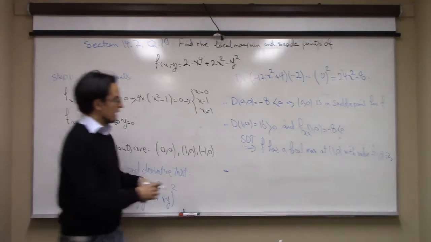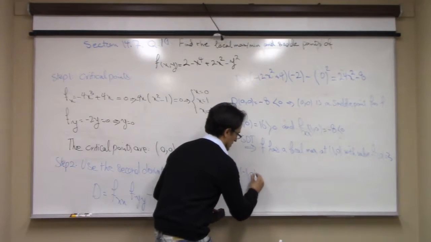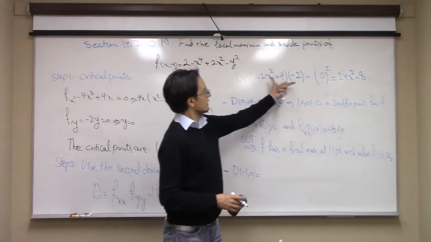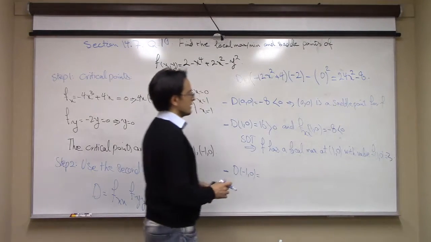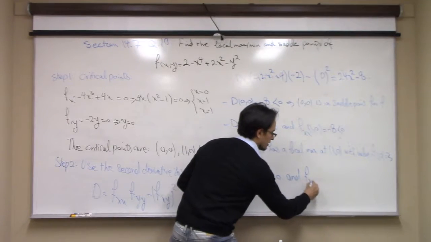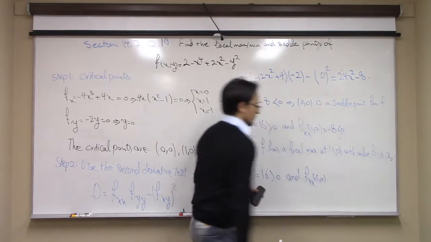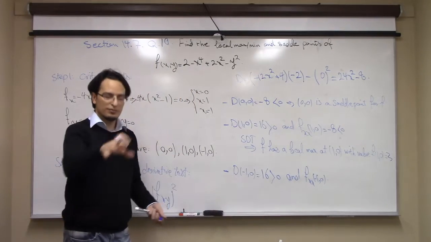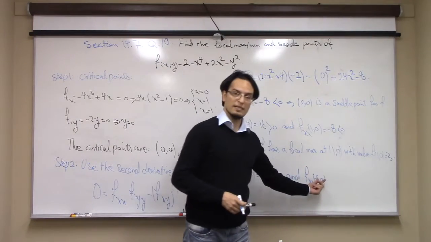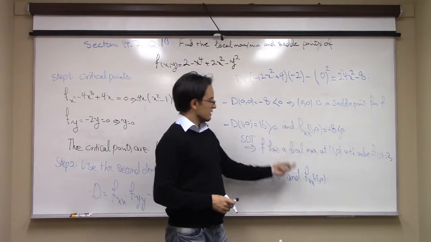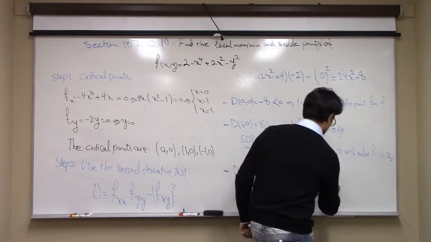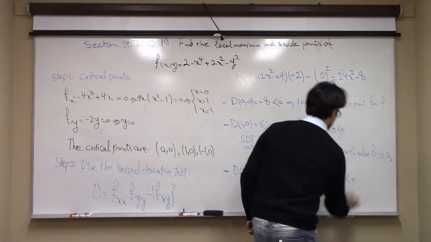So that's the second point. And the third point, plug in negative 1 for x, 0 for y in D. So I get 24 minus 8, which is 16. It is positive. Again, the second part of the second derivative test means that you plug (negative 1, 0) into the second derivative of f with respect to x, which is here, and it gives us negative 8 this time again.